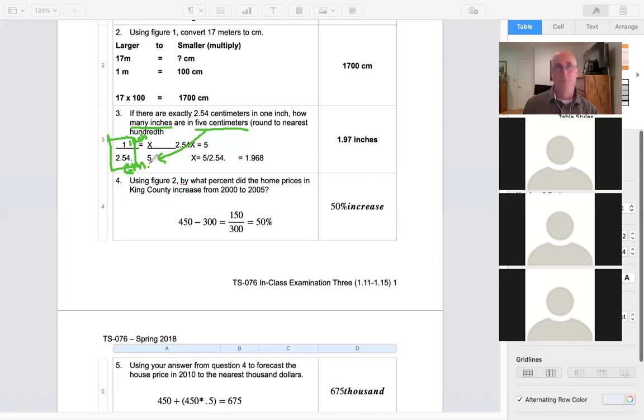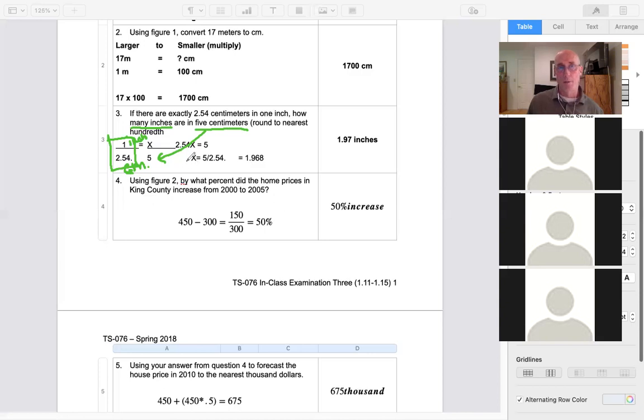If you recall, we can cross multiply to find the x. We set it up like this: 2.54 times x equals, cross multiplying the other two, 5.